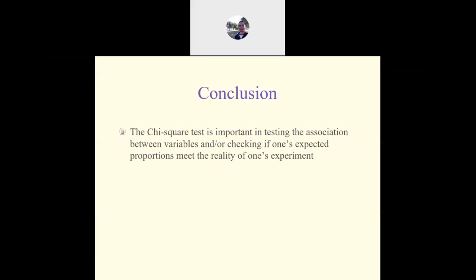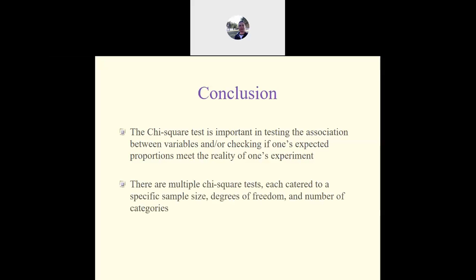Now, the chi-square test is important to us, especially when you do a questionnaire and we have the observation, which is frequencies, and we have nominal data. So in this case, we cannot go for linear regression, whether it is simple linear regression or multilinear regression. So we have to go for the chi-square test to test the association.